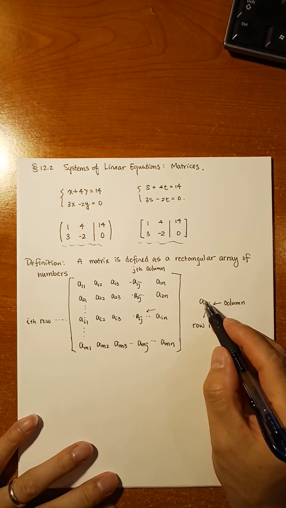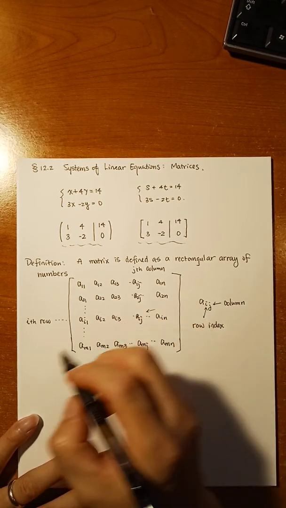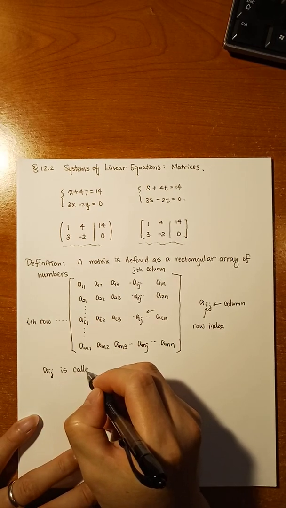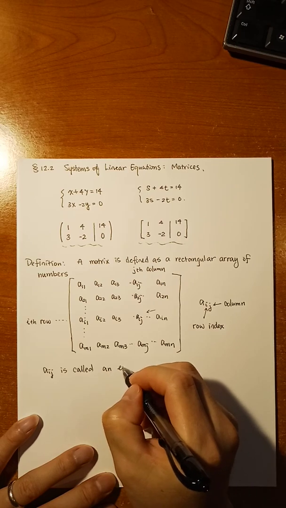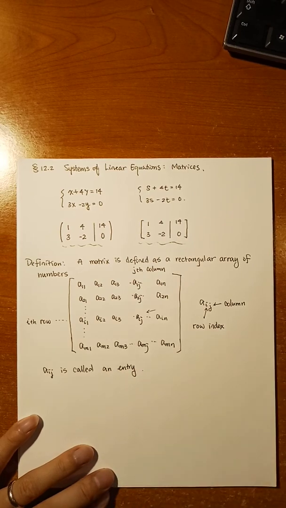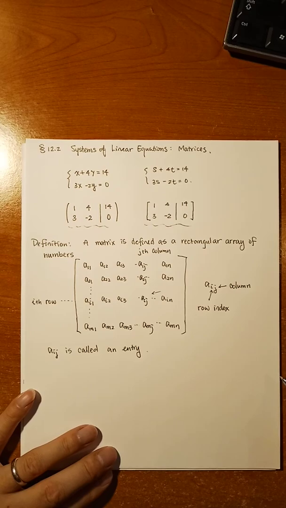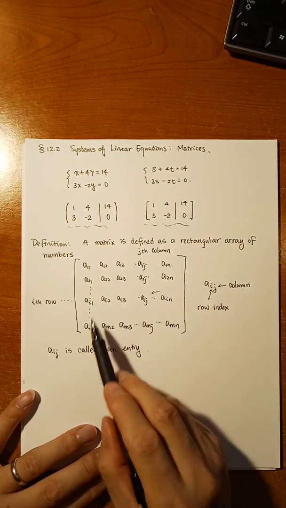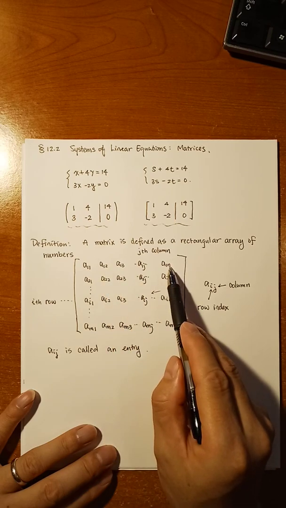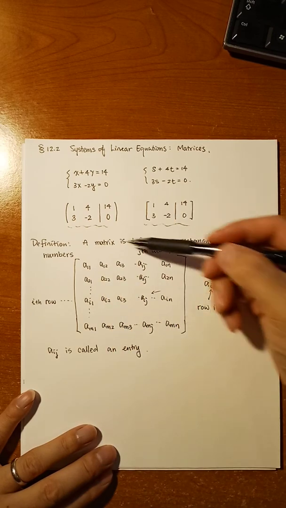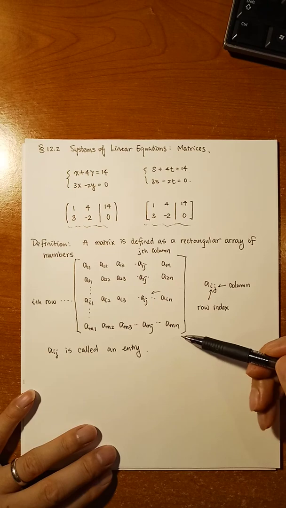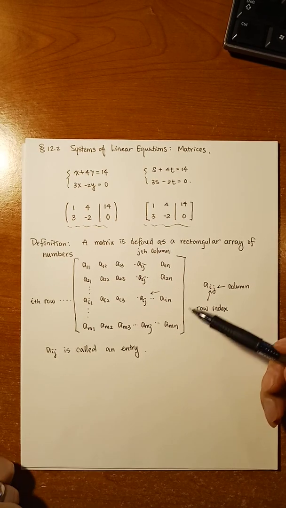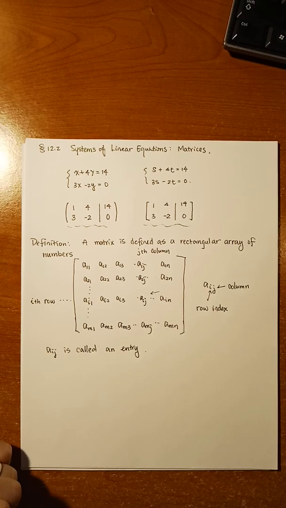So each number from the matrix Aij is called an entry. An entry, okay? How many numbers are there in this matrix? You see, every row has n numbers. They have m rows. So in total, there are m times n numbers.